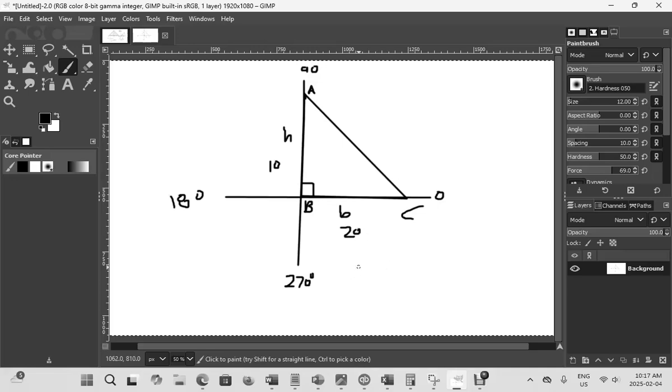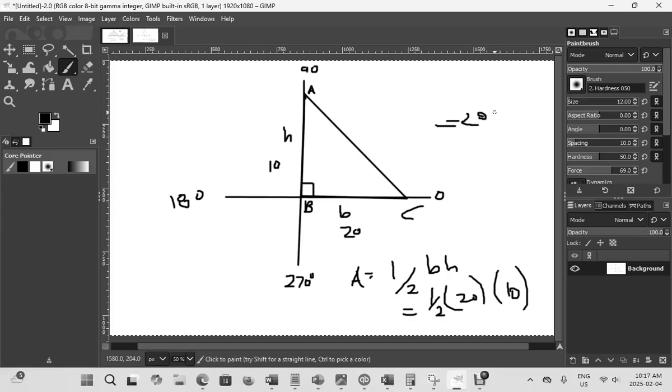So we know that the area will be 1/2 base into height. Which means that your area will be 1/2 base, let's say this is 20 feet, into height, which is 10 feet. So this will be 20 times 10, which is 200, divided by 2.